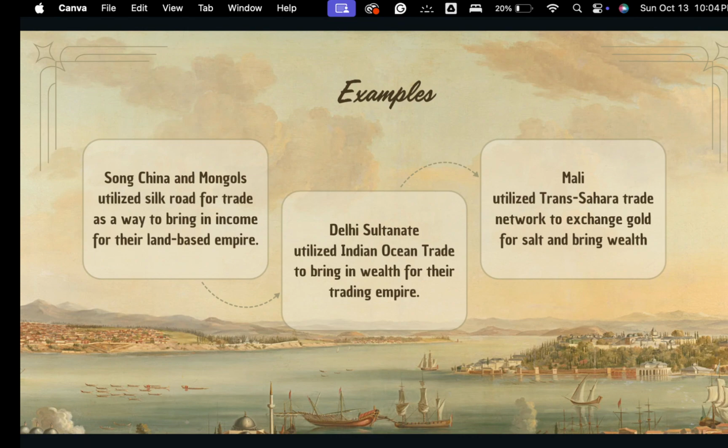We know in 1200 we have the rise of trading states and empires. And these trading states and empires focused on trade as a way to provide for their people. Examples would be Song China, the Mongols, the Delhi Sultanate, and the Kingdom of Mali, that all were created during this time period, 1200 to 1450, and focused on trade.